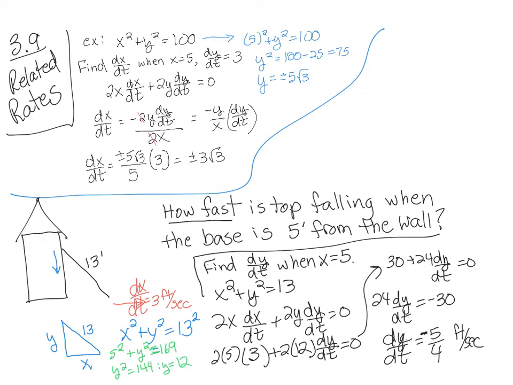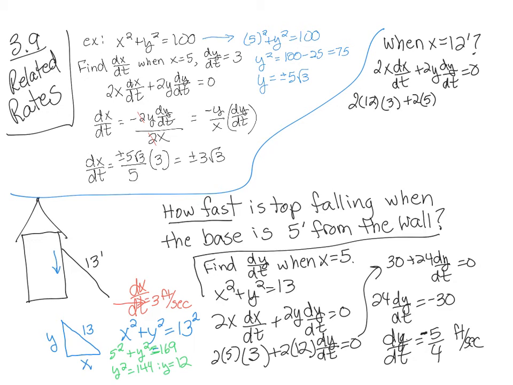So I'm going to come up to the top here. What about when x equals 12 feet? Well, we have 2x dx dt plus 2y dy dt equals 0. 2x is 12, dx dt is 3, plus 2 times y, which will be 5, times dy dt, equals 0.